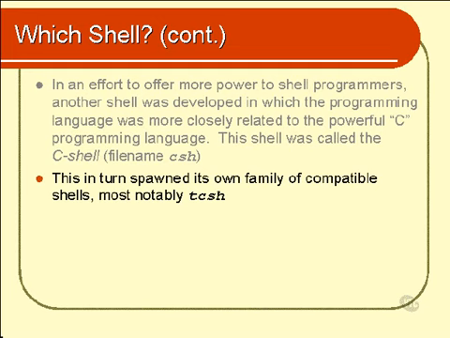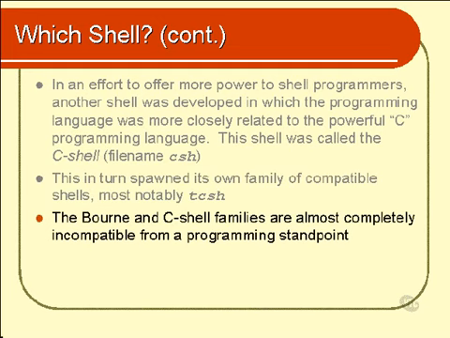We're going to focus on the universal Bourne shell. Needless to say, a script created for the Bourne shell will not be able to be run using the C shell, and vice versa. They are incompatible. Very ultra simple scripts, of course, will run using either, but as soon as you start to use some of the more powerful language features, you are restricting yourself to one of those two shells.